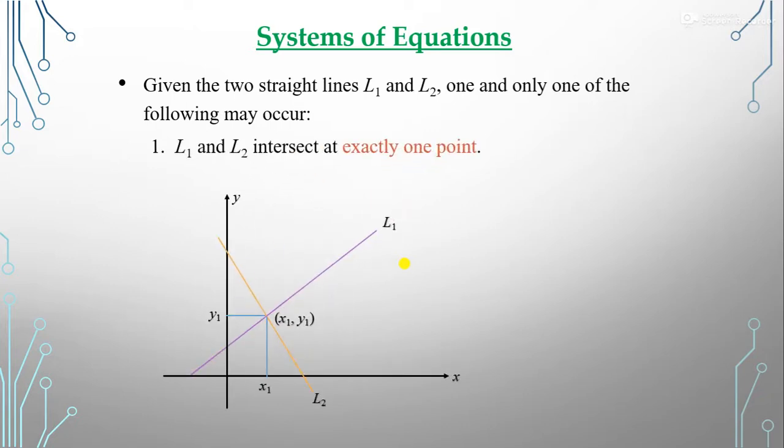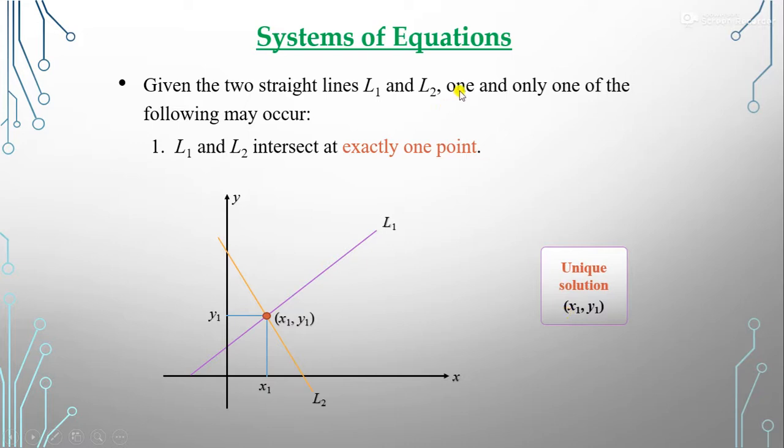Suppose our lines intersect at exactly one point: this is our L1, the first equation, and this is our L2, the second equation. When our lines L1 and L2 intersect at exactly one point, this is a unique solution, and that solution is a single value of x and y. You find exactly one value of x and y. So in that case, that is a unique solution.